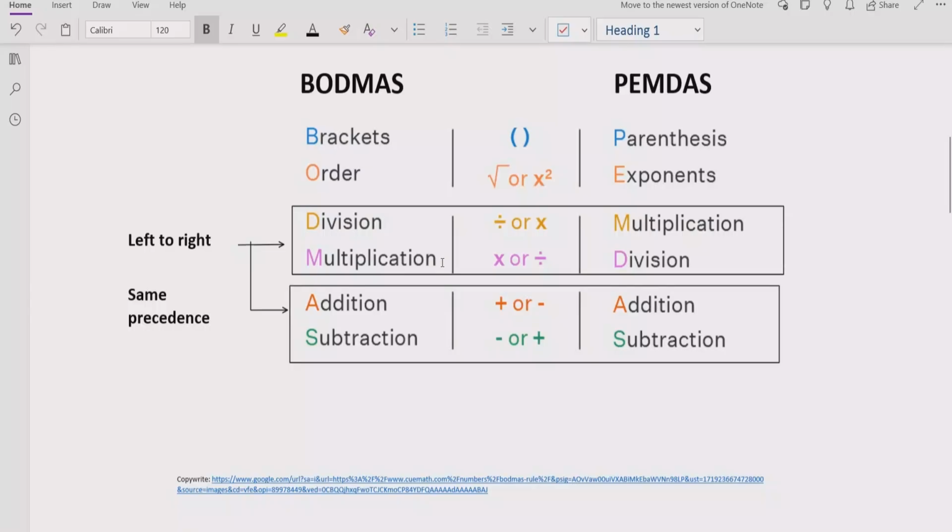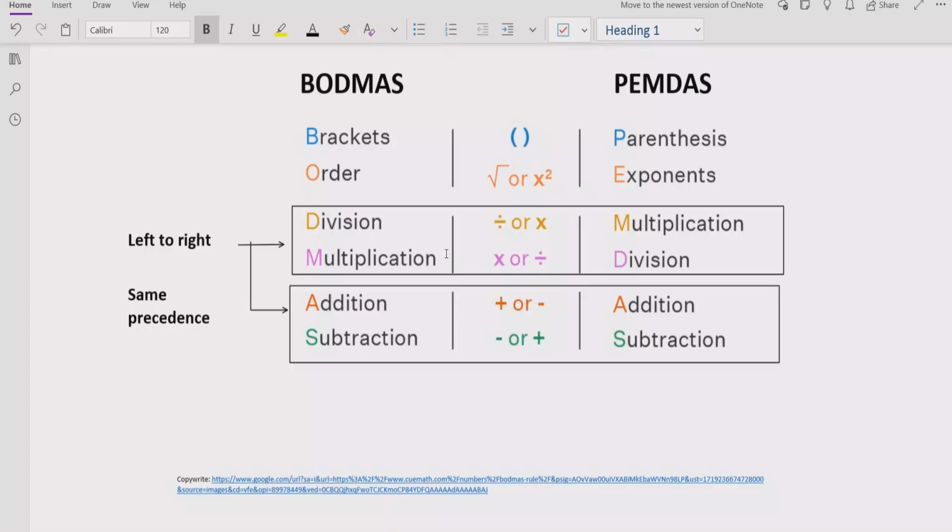After the bracket, you have to see the power of any number. If your expression contains any number which has the power, you have to solve that part after the bracket. Step number 3, you have to solve the division and multiplication, or the multiplication and division. Either you are using the BODMAS or PEMDAS rule, the rule is same for both.